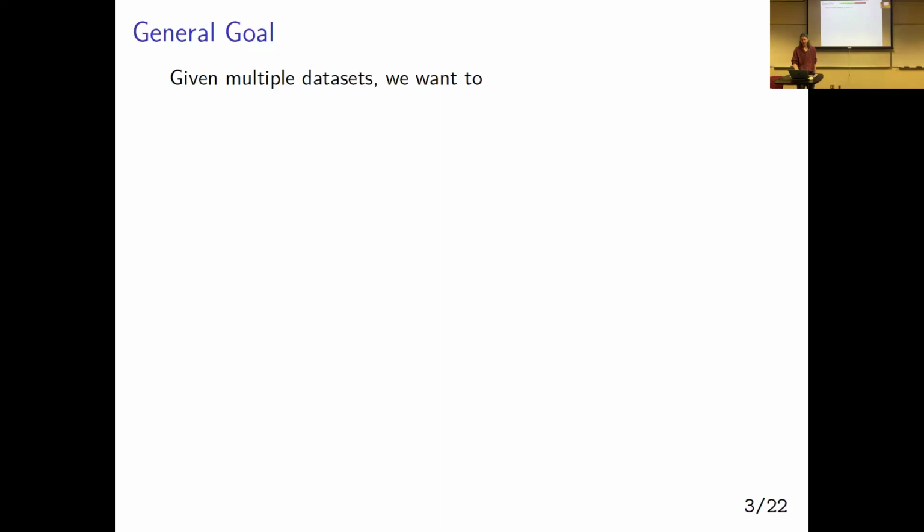Let me outline the general goal here. We're in a setting where we're given multiple data sets, each on a shared set of observations. Each data set has some important information about what we're observing.